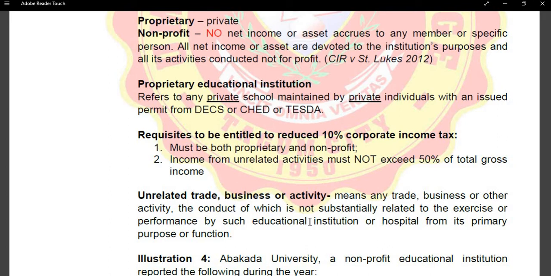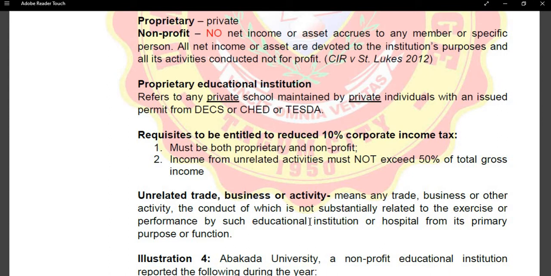So, for example, for an educational institution, of course, the primary purpose or the primary activity is to deliver, to provide education, okay? To give learnings to its students. So what are the related activities?